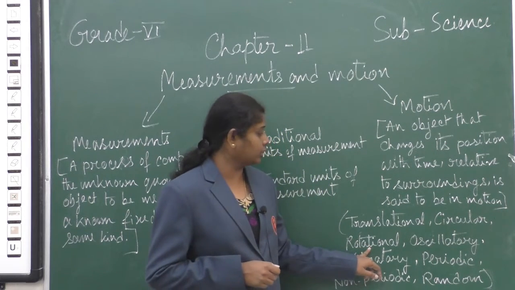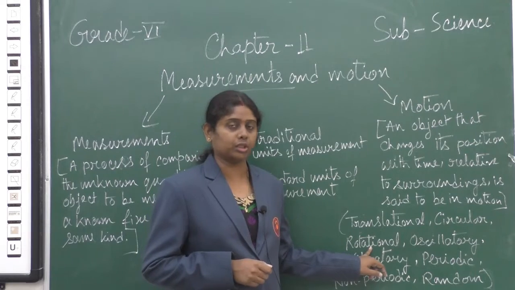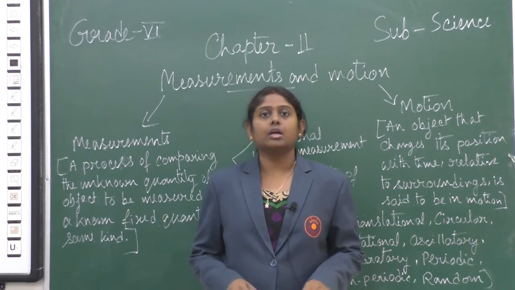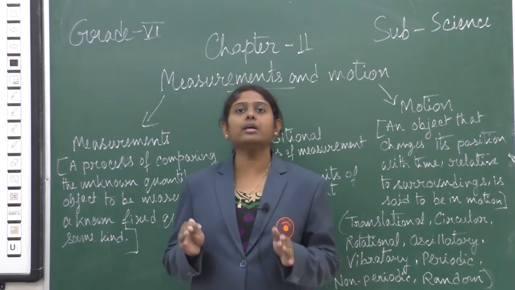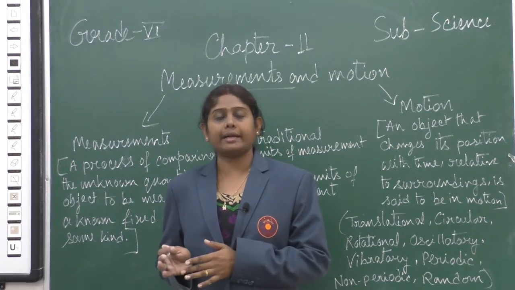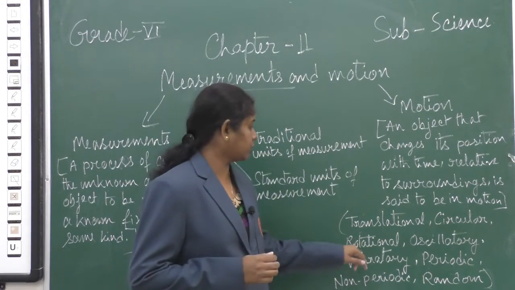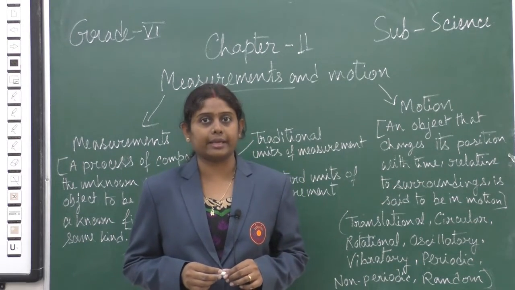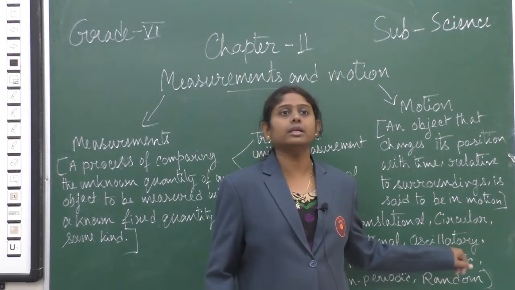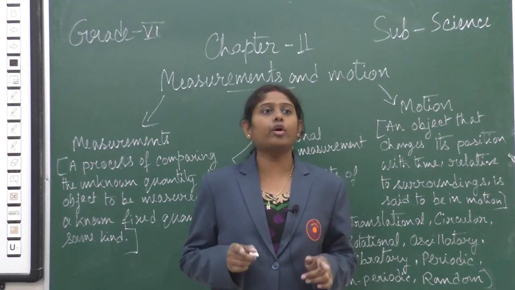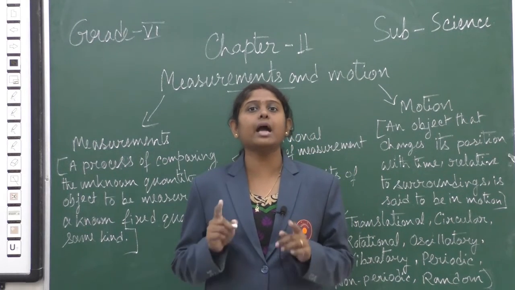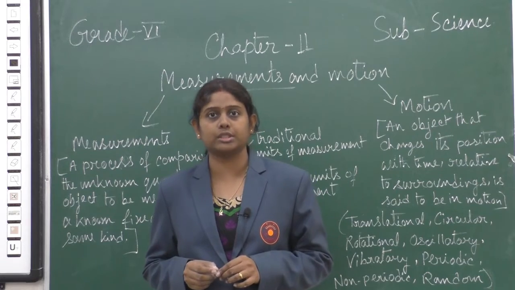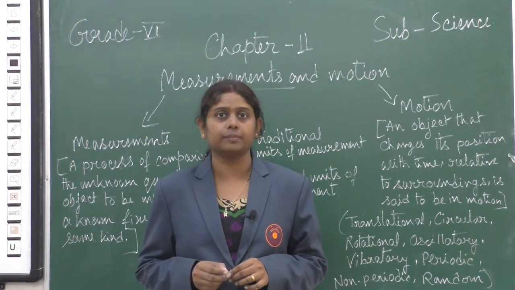Now let us come to the next, rotational motion. Rotational motion, when a body is moving about an axis, that's called rotational motion. The example, the wheel of a bicycle. Oscillatory motion, in this motion the body moves repeatedly about a mean position, that's called oscillatory motion.